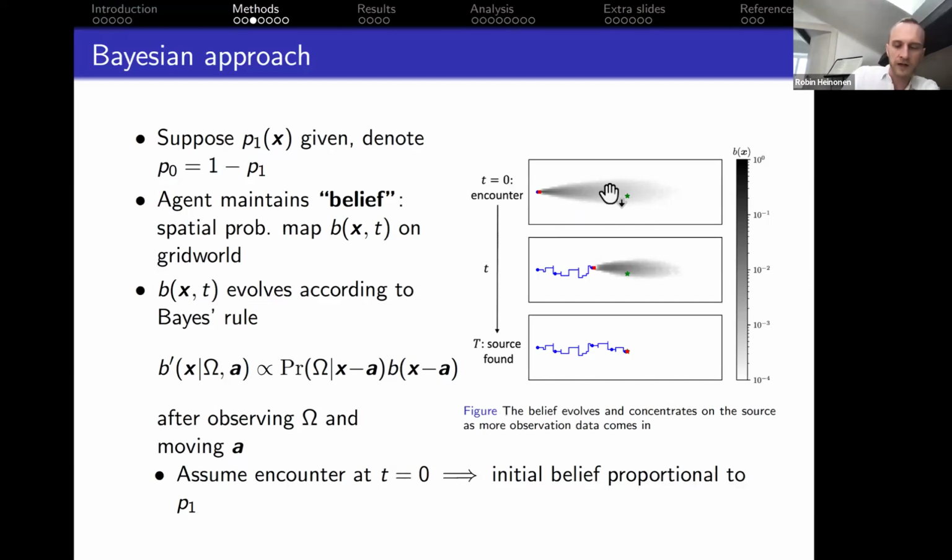And while it allows us to compute an optimal policy for theoretical purposes, I don't think there's a biologist in the world that will tell you that this is probably what animals do, and at least small insects probably don't have a detailed spatial map that they're updating using Bayes' rule. And moreover, they probably don't have a perfect model of their environment, which is a real luxury to have.